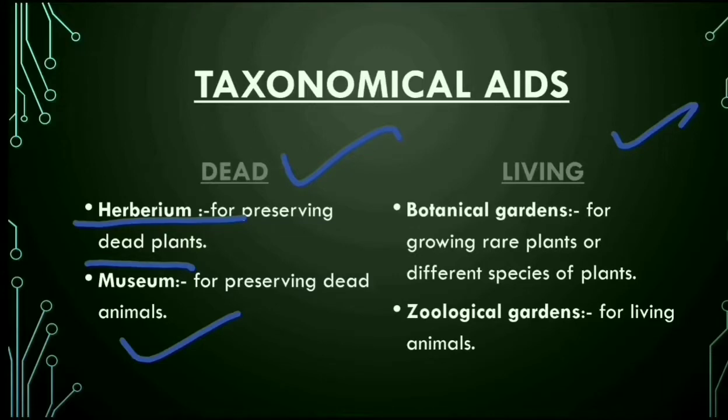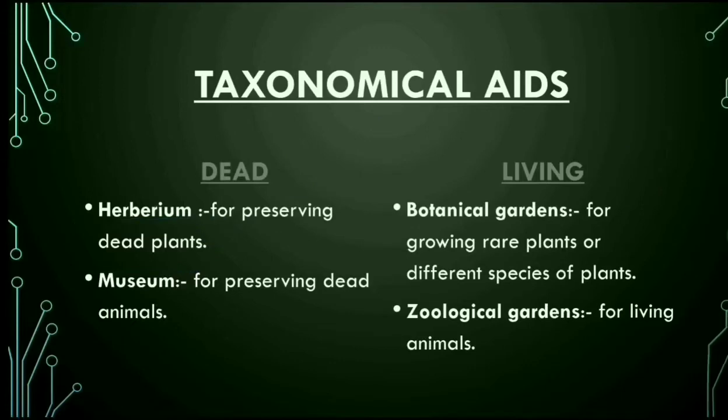For living ones, we grow rare plants and different species of plants in botanical gardens, and in zoological gardens we conserve animals, rare animals or extinct animals.